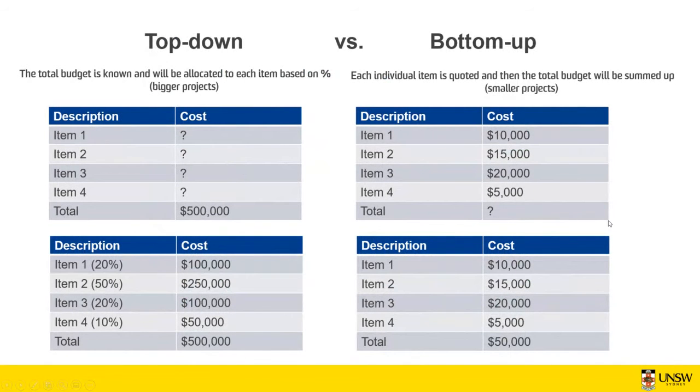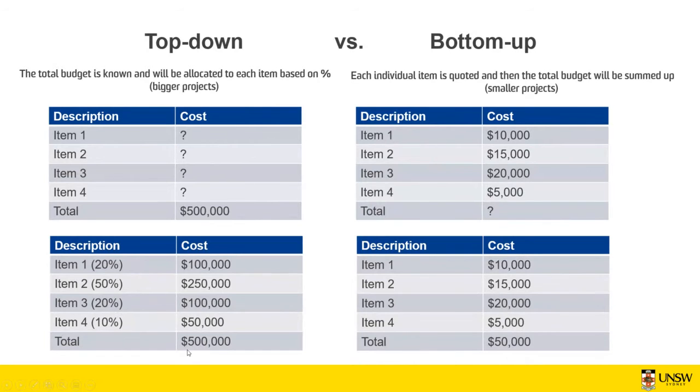Okay, so let's see how it's going to look in terms of top-down and bottom-up budgeting when you compare them to each other. For top-down, first of all, you know the total budget that is going to be spent, and based on that, you can proportionally allocate it to different items. So for example, item 1, 20%, item 2, 50%, item 3, 20%, and so on.